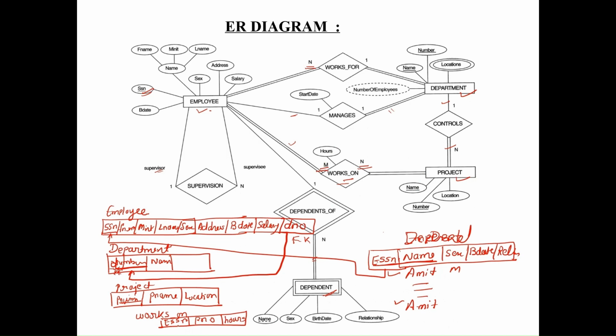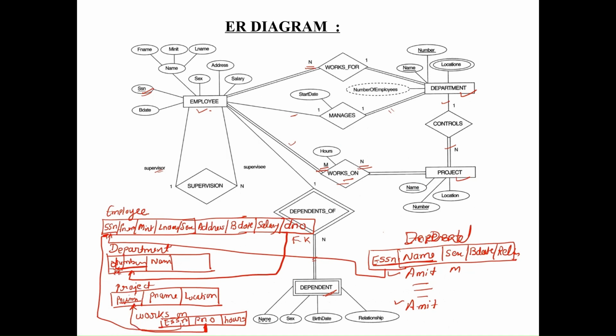So what will be the value of ESSN? It will come from this SSN. So the primary key of this employee refers as a foreign key in works on. Similarly, project number is the primary key of this table, and this will be the foreign key. Sorry, here there should not be an arrow. The arrow should point to the primary key.